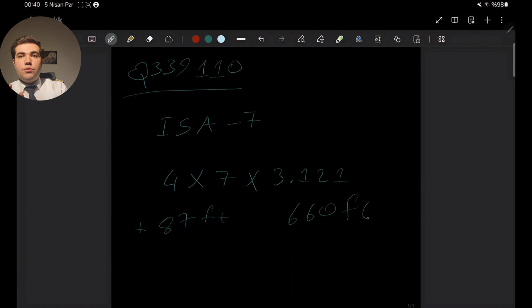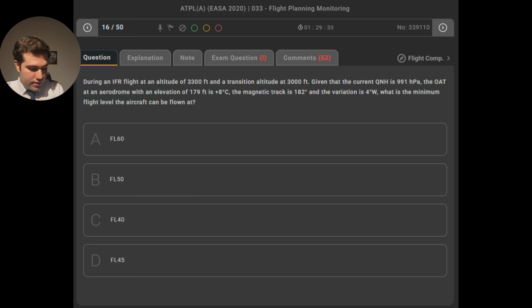Right now the QNH is lower than the standard, so we are actually lower than the standard, that's why it will be plus, just to be safe from the terrain. Alright, so the altitude we have currently is 3300, plus 87, plus 660, equals 4047.